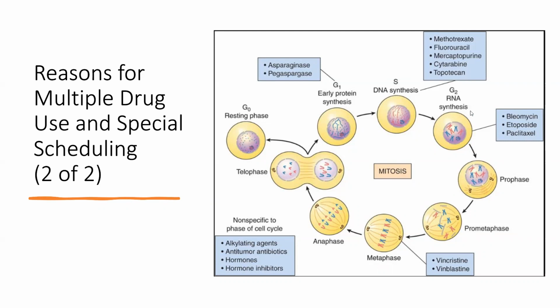When RNA synthesis is done and the cells are growing and dividing faster, we use the drugs bleomycin, etoposide, and paclitaxel. If the cell has passed prophase and prometaphase and reached metaphase, we use vincristine and vinblastine. In anaphase and telophase, it goes to the resting phase and early protein synthesis, and we can give enzymes, which are asparaginase and pegaspargase. So this is a little of the mechanism of action of a few drugs which we use as multiple drug therapy.